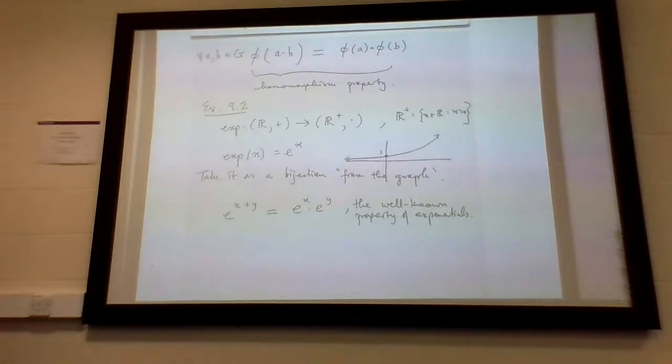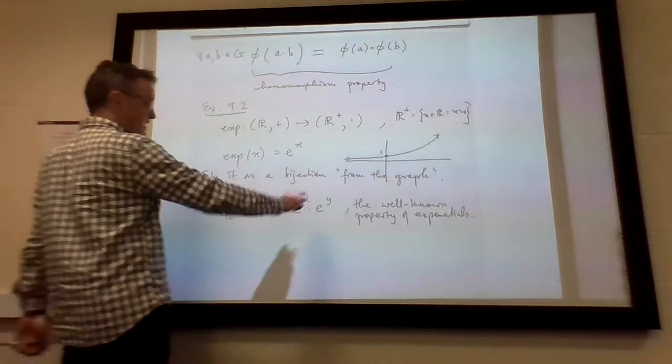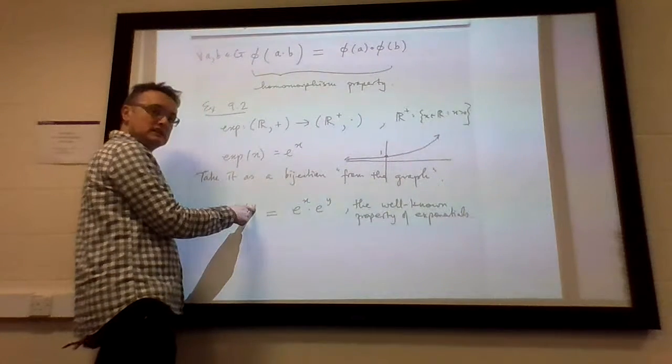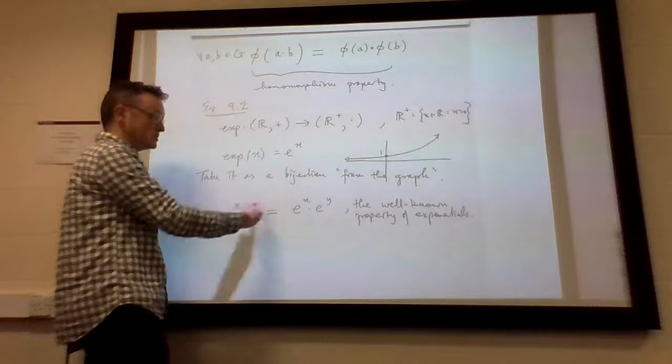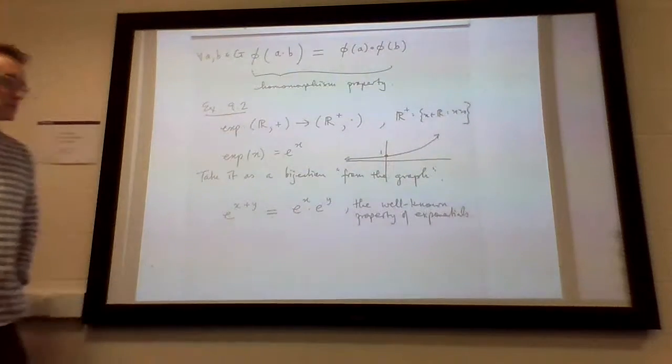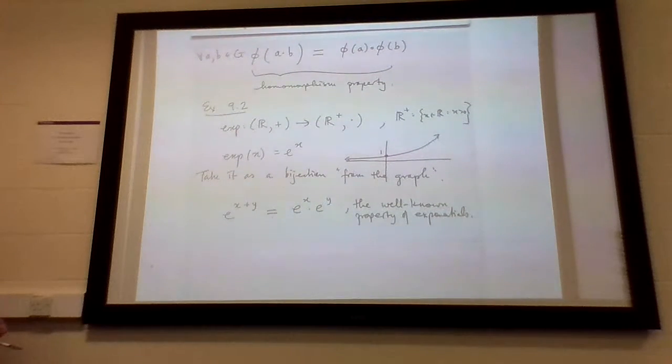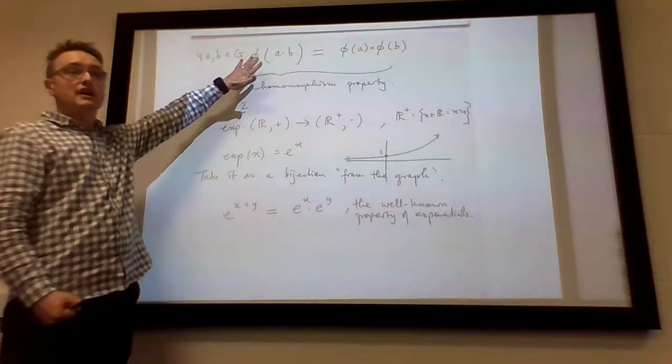This is just a general property about how indices work with addition and multiplication of real numbers. Okay, so this is something we already knew about, so it is an example of an isomorphism.